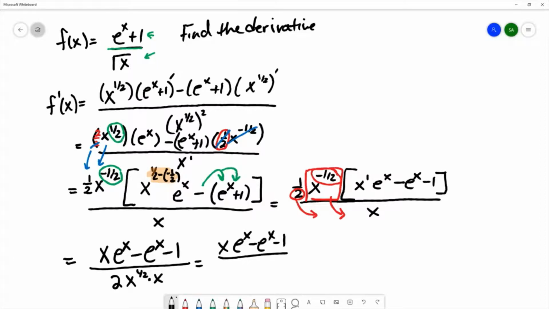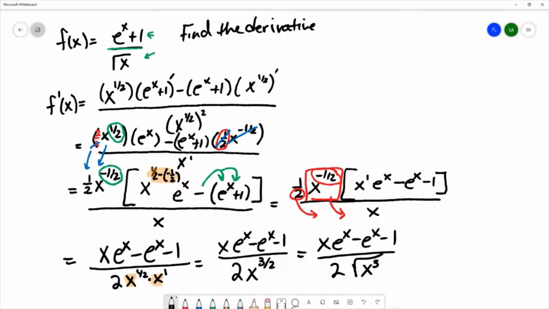And you can combine these two x's together. You're multiplying expressions with the same base, so you can add the exponents together. So that becomes x to the 3 over 2. That's a 1 plus a half is 3 over 2. And if you want to go even further, you can rewrite this as the square root of x cubed.